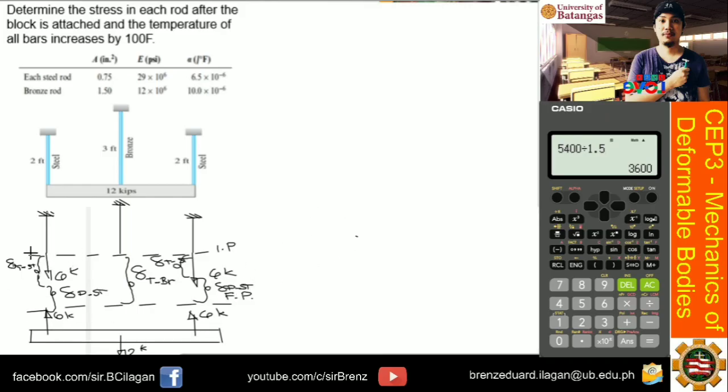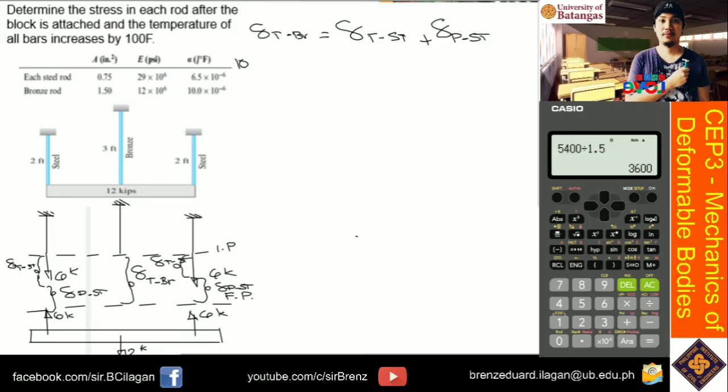So with this diagram, I could say that yung equation natin will be the deformation due to the temperature for the bronze is equals sa deformation due to the temperature for the steel plus the axial deformation due to the load P for the steel. So if you're going to substitute the values, for bronze, what is alpha?